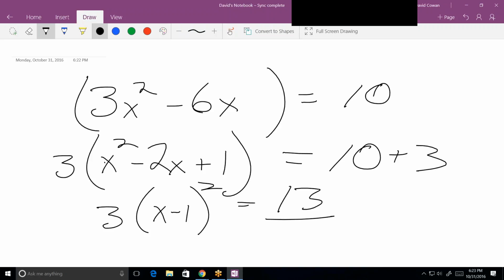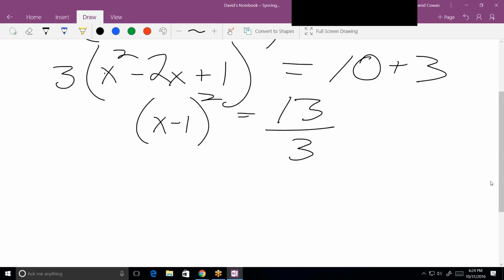Divide both sides by 3 and finish the problem just like we did before. In other words, now take the square root of both sides. So the final answer on this one is x minus 1 equals plus or minus the square root of 13 over 3. Move the 1 over.